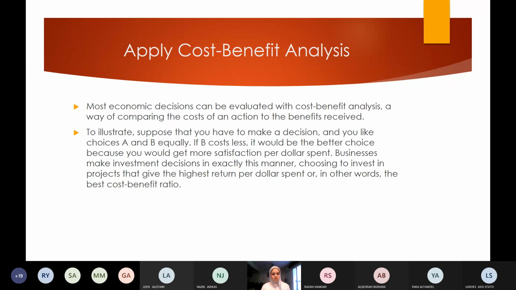So if you have to make a decision, choose A or B, whichever costs less. If you want to buy a glittery copybook from Claire's, and then you saw that Accessorize has a 70% sale, where would you go? Claire's or Accessorize? Grade 9, where would you go? Accessorize. Why?